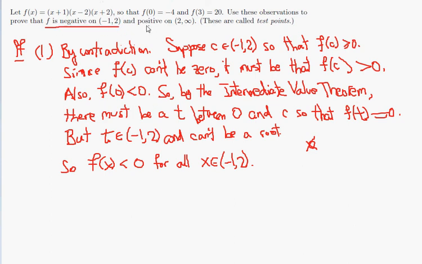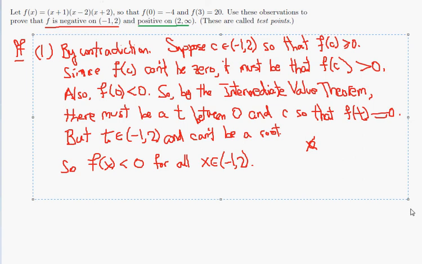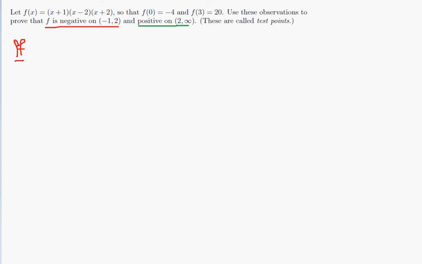Now for the second part, we need to prove that f is positive to the right of 2. Now I encourage you to pause the video at this point and see if you can do it, mimicking the steps that are shown on the screen, and then restart the video to see the proof. Okay, so now let's do the second part of the proof to show that it's positive between 2 and infinity. So once again, this will be by contradiction.